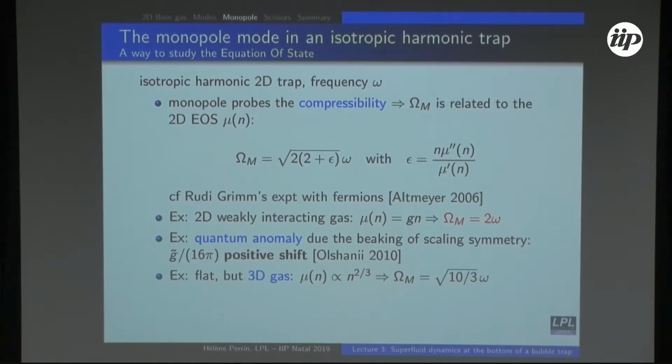So this motivated us, in fact, to try to see this anomaly in an experiment. And I also want to point out another equation of state which is relevant if you have a gas that is very, very flat, an oblate gas, but still 3D in the sense that you have a Thomas Fermi distribution in all 3 dimensions.